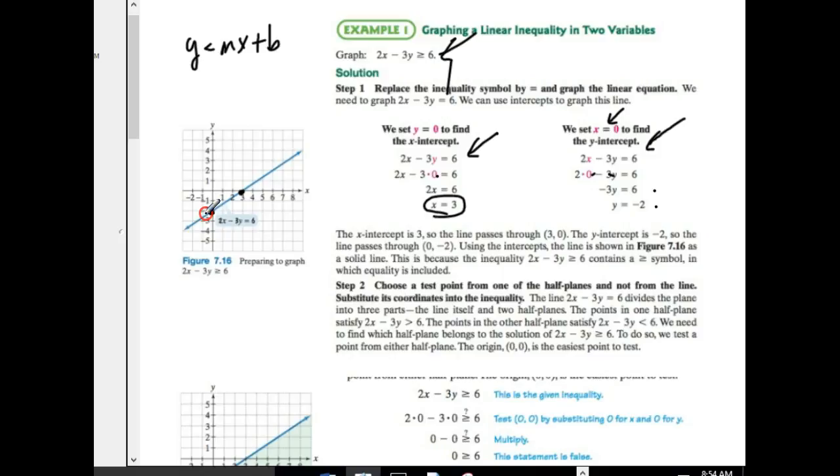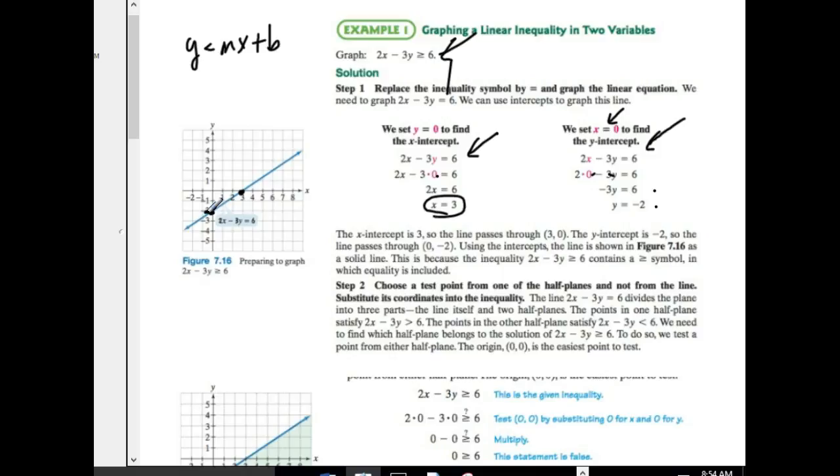Now, the second thing we have to choose is which side, because it is not an equal sign this time, it's an inequality. It says greater than or equal to. Now, I know that a lot of times this can be a little tricky because in my mind, I think of greater than always being above and less than being below, but you really do need to test a point that's not on the line so that you can see which side of the line is actually going to get shaded.